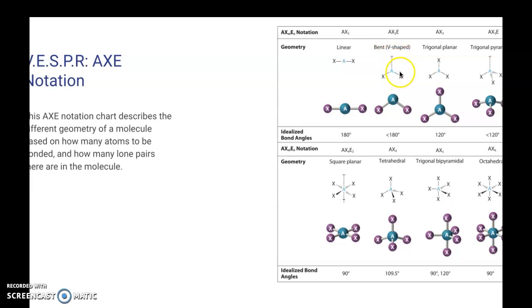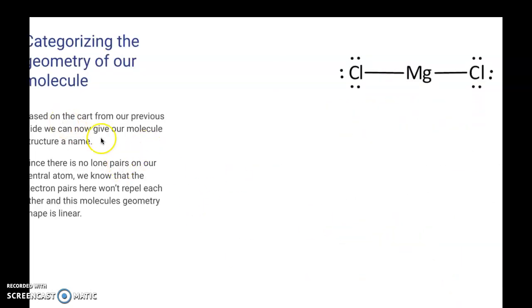And the reason why there's a bend here of 120 degrees on either side is because we have a lone pair here, which is repelling the terminal atoms on either side. So in this slide, we're just categorizing the geometry of our molecule. So obviously we know that since we don't have any lone pair here, the shape here is linear.